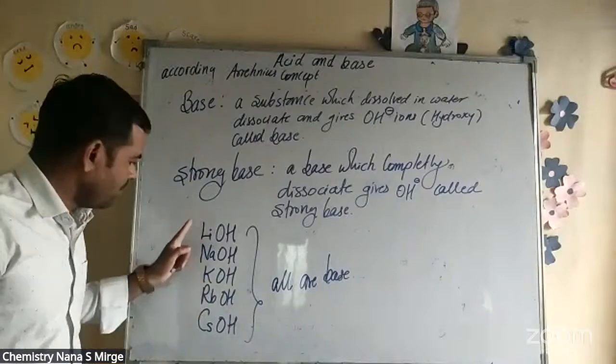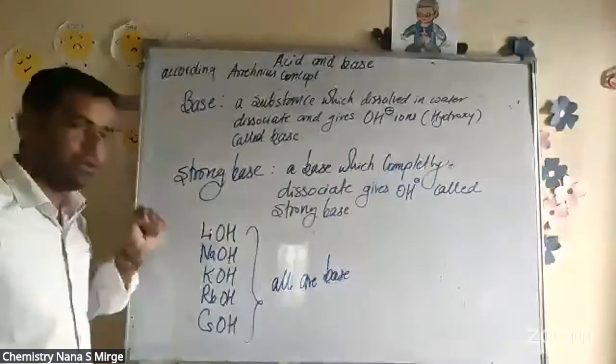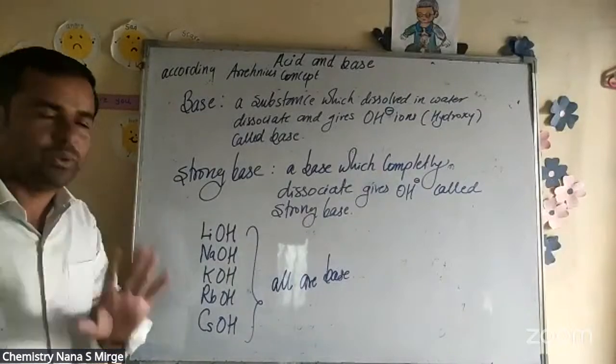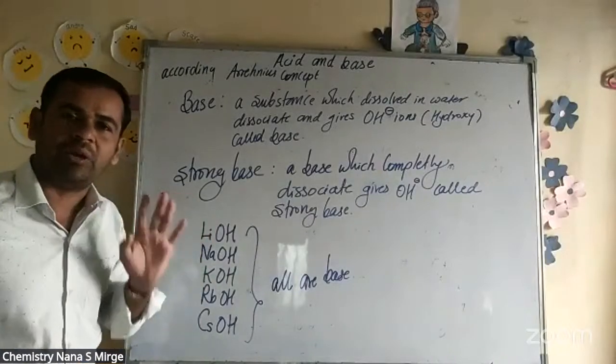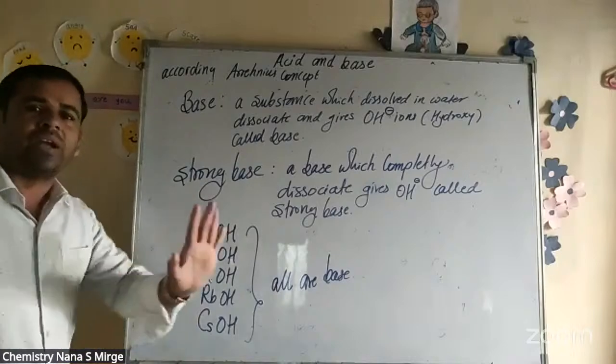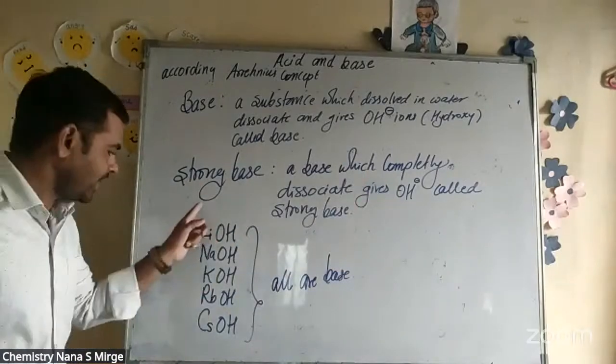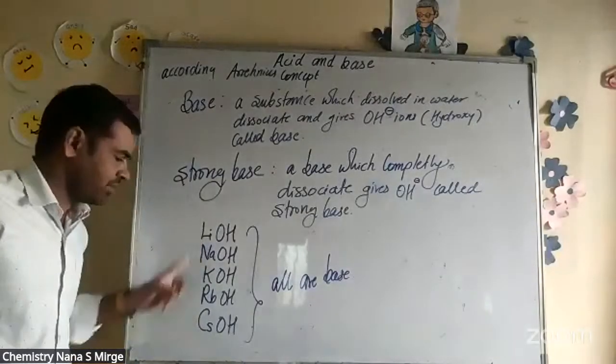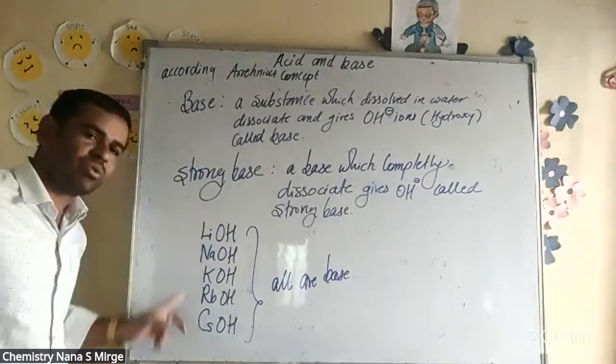Yes sir, lithium hydroxide. Okay, keep your answer with you. So my question again, I repeat: among these, you cannot think of another base. You can decide only among these which one is the strong base.